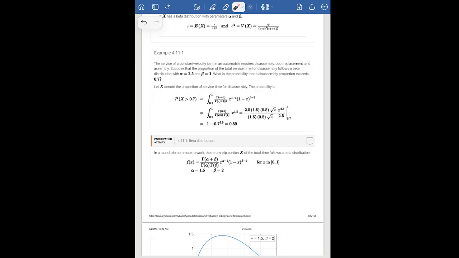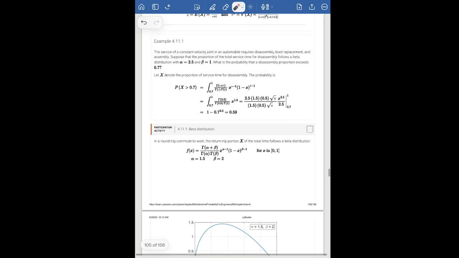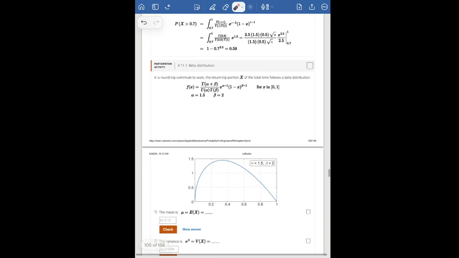We are on the interval from 0 to 1. So if X is greater than 0.7, then that means that it can only go from 0.7 to 1. And you're integrating over that probability distribution function. And once you input those parameters, you come up with that probability.